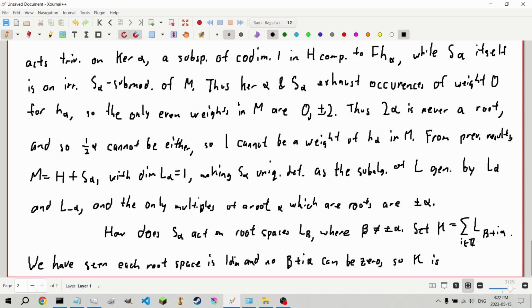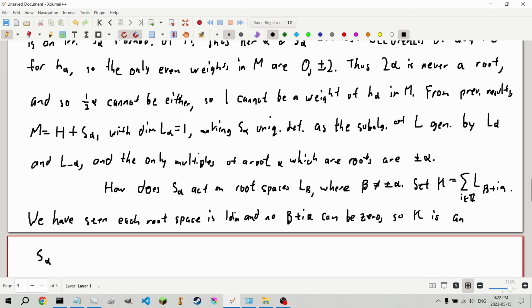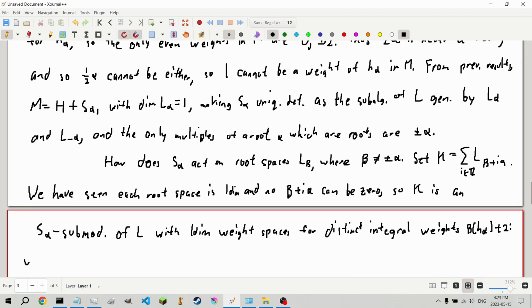So K is an S alpha submodule of L with one-dimensional weight spaces for distinct integral weights beta of H alpha plus 2I, with I being an integer such that beta plus I alpha is in our root space.